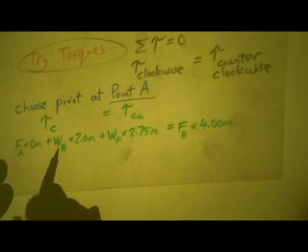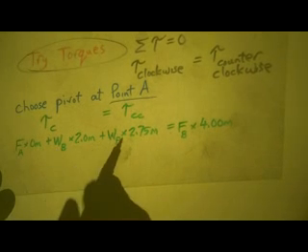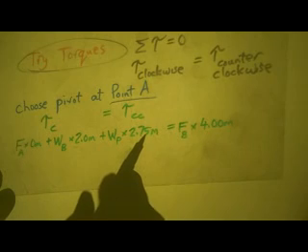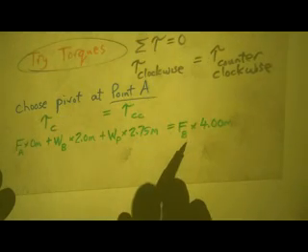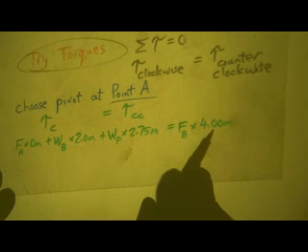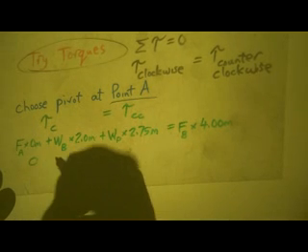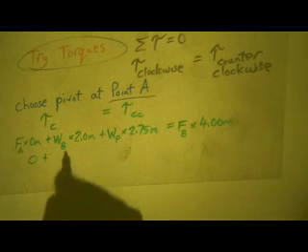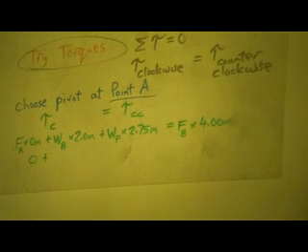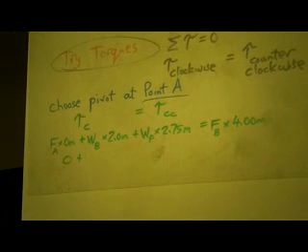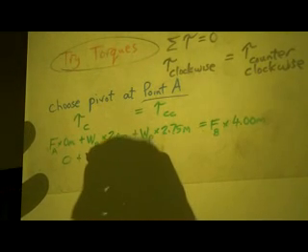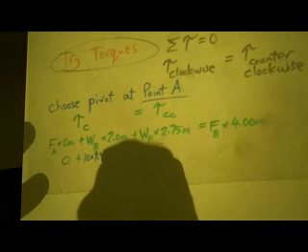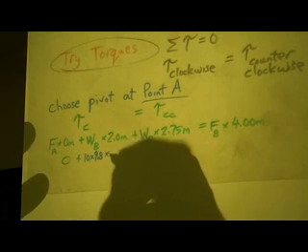So go weight of the bridge times 2, weight of the person times 2.75, and force at support B times 4 meters. This one is 0. This one, I know what the weight of the bridge is. The weight of the bridge is 10 times 9.8, and then times the 2.